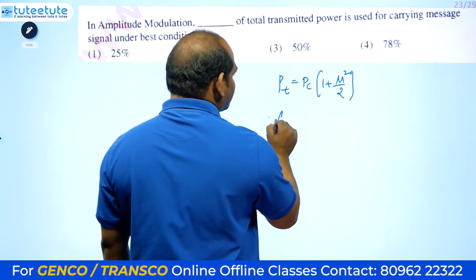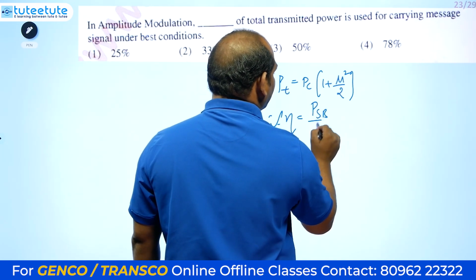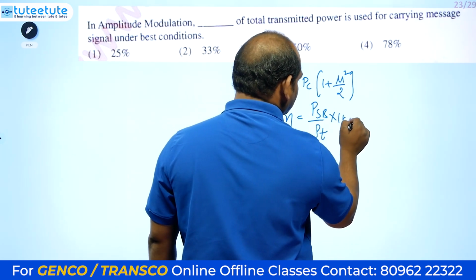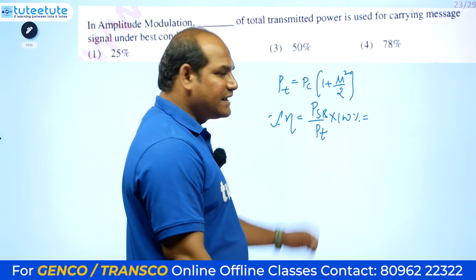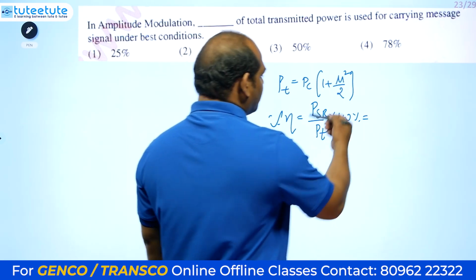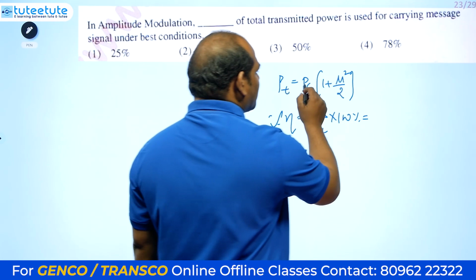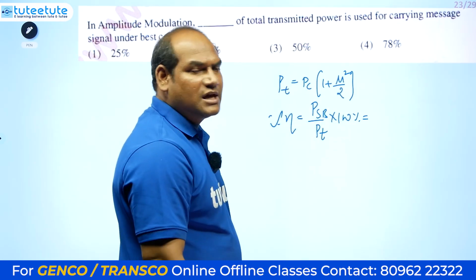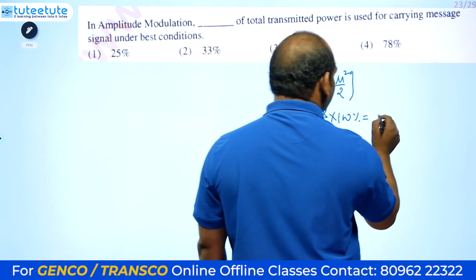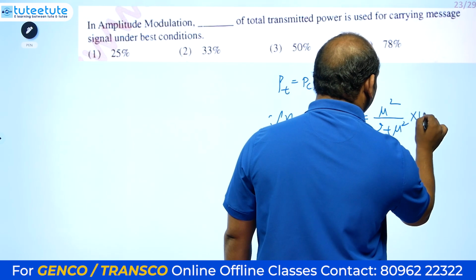And percentage of efficiency means sideband power by total power into 100%, because information is available in the sidebands only. That's why we take that in the numerator and compare it with the total power. Here sideband power is nothing but PC into mu square by 2, and total power means PC into 1 plus mu square by 2.